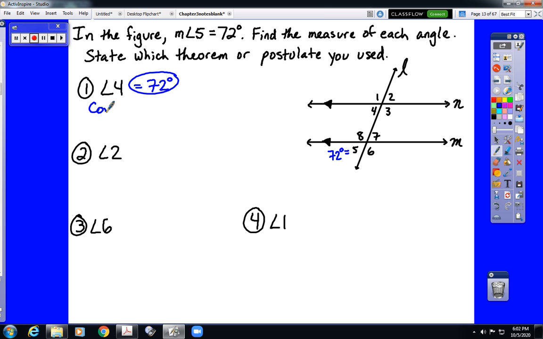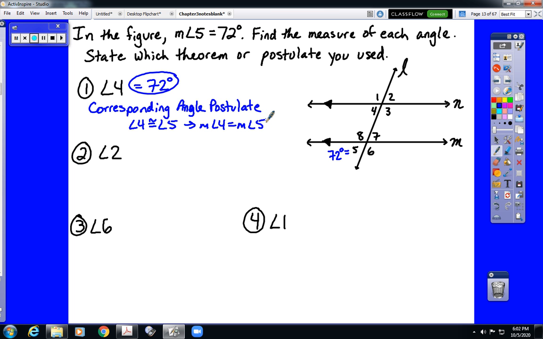The corresponding angle postulate says that since M is parallel to N, angle 4 must be congruent to angle 5, which means that the measure of angle 4 is equal to the measure of angle 5.